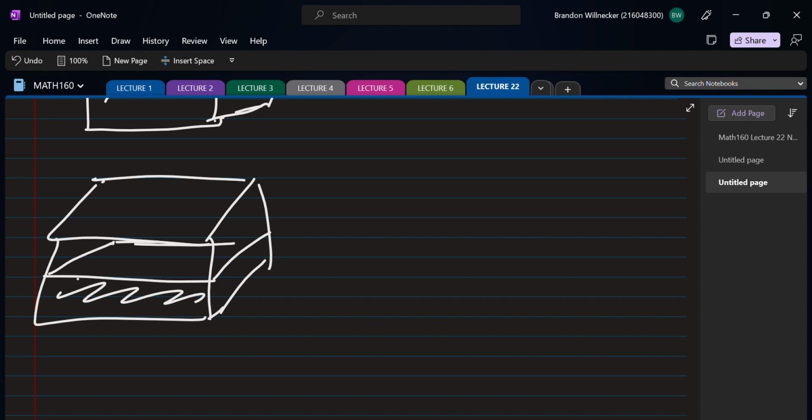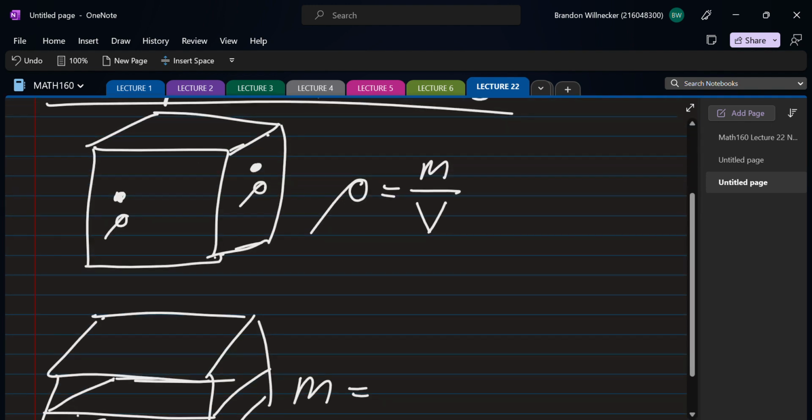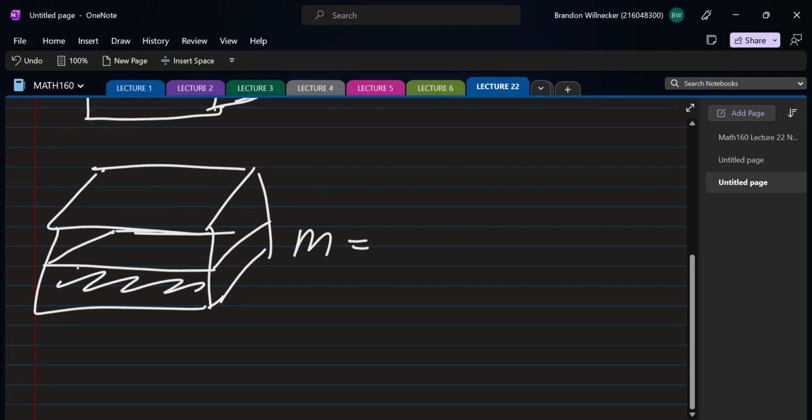Now, how do we find the total mass in this box? So the total mass, M, is going to be the density of water for the bottom part multiplied by the volume that it takes up. So how do we get that? Well, density is mass over volume. So mass is density times volume.